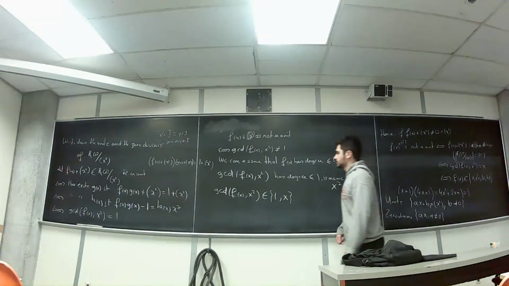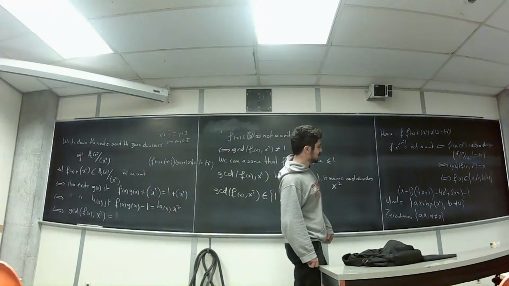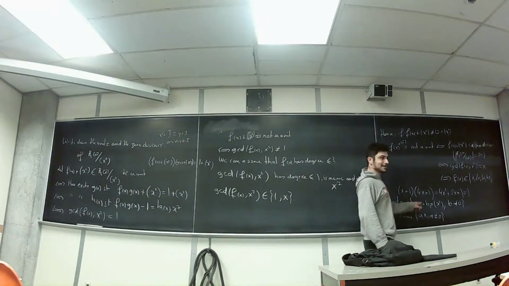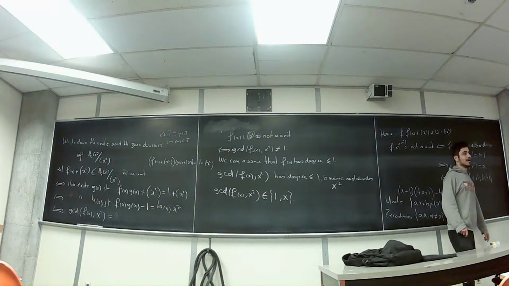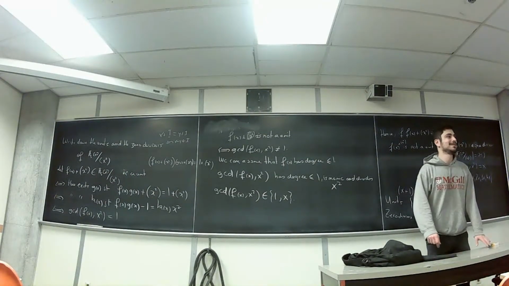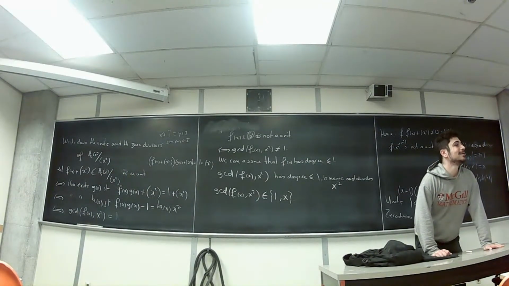Okay, great. Now, how many units do I have here? How many zero divisors do you have? 4. How many units do you have then? 20. 20 units. What's a good question here?